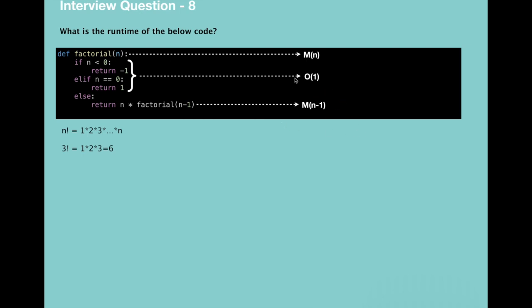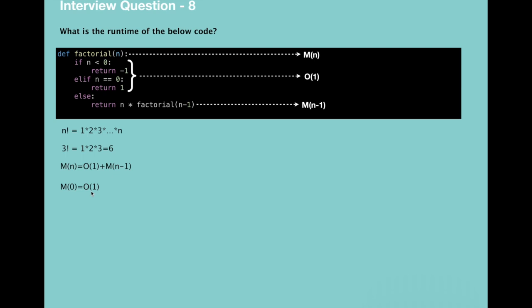So based on this, we can write our equation like this. The next step is we need to find this until we reach where n equals 0. So we can say that when our function takes as a parameter n equals 0, the time complexity will be constant, which means that M(0) will be O(1).